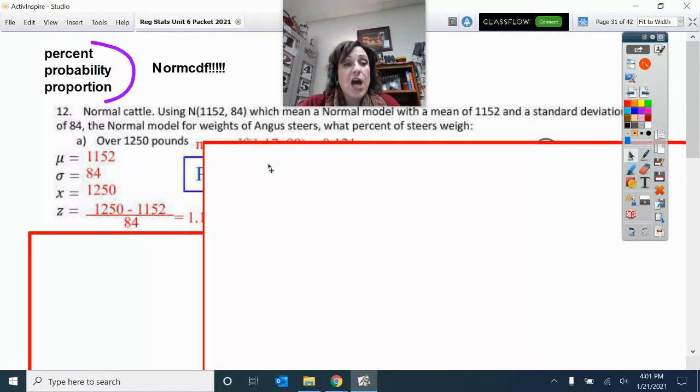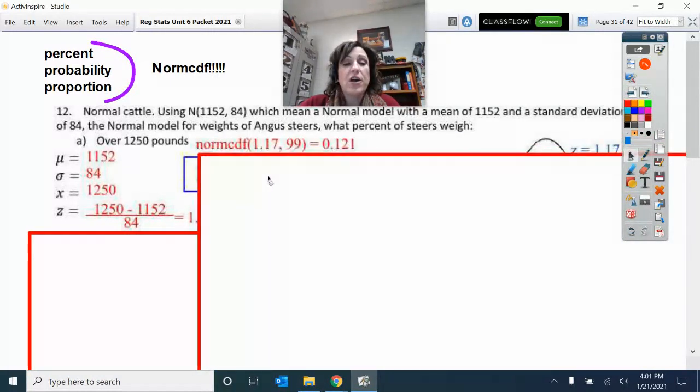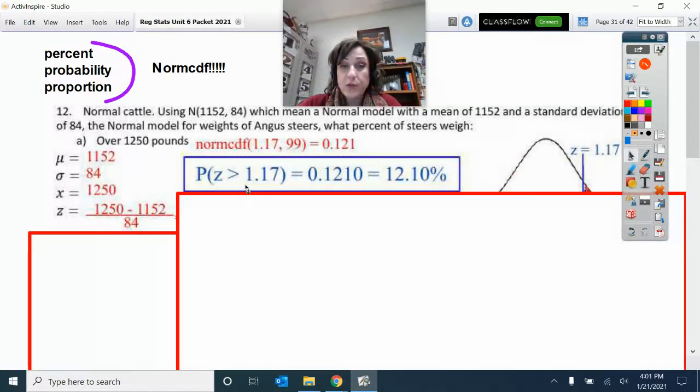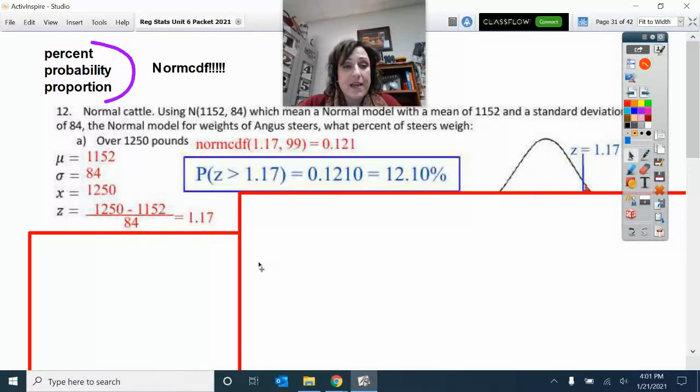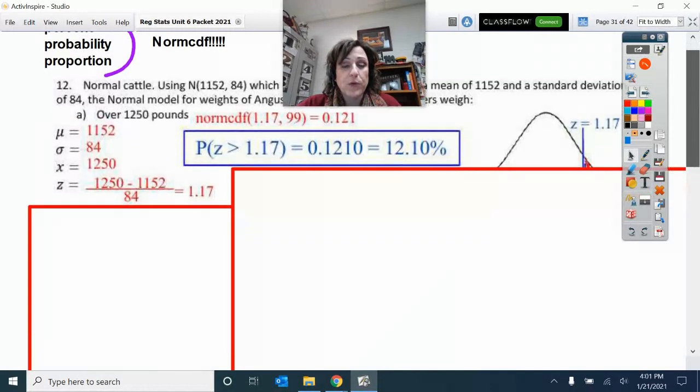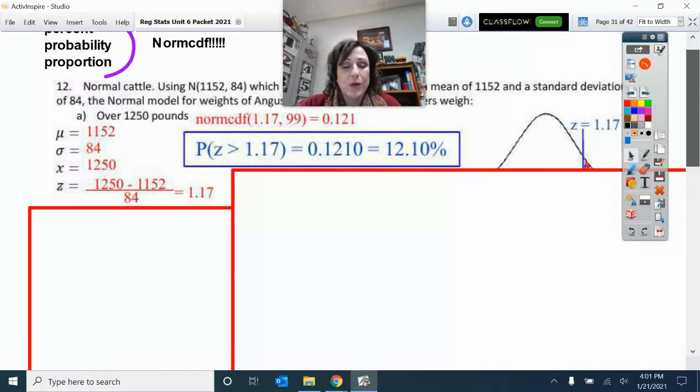I wanted the area over that, so I'm going to norm CDF that to positive 99. Let's look at our notation: the probability that the z-score is greater than 1.17 equals 0.121, which is 12.1%.